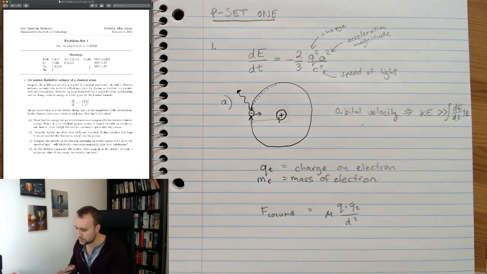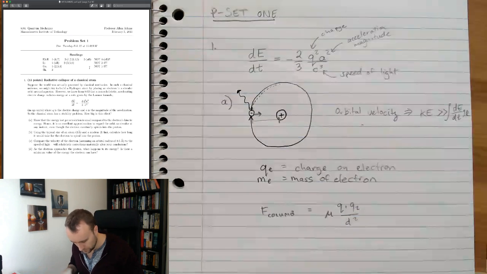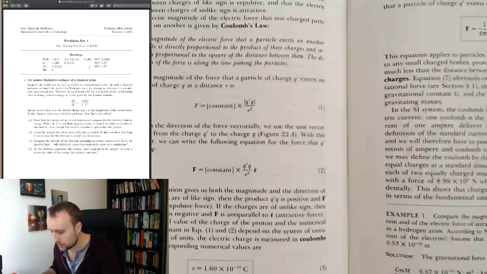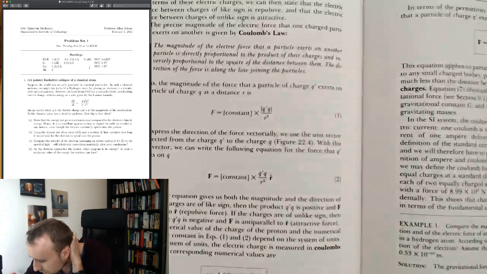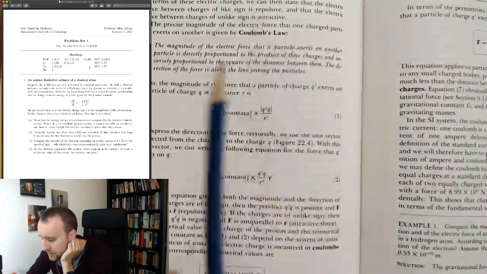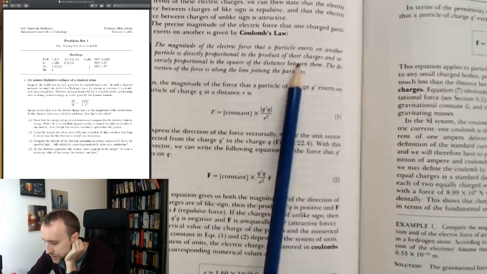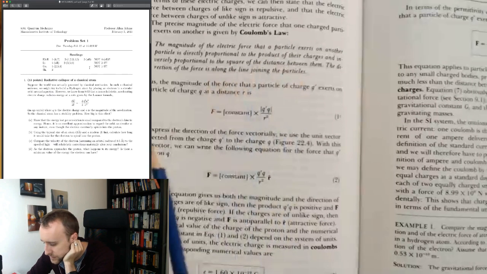This is page 573. Do we have a formula here? So it's basically what I said: Coulomb's law says the magnitude of the electric force on a particle is directly proportional to the product of their charges and inversely proportional to the square of the distance between them.